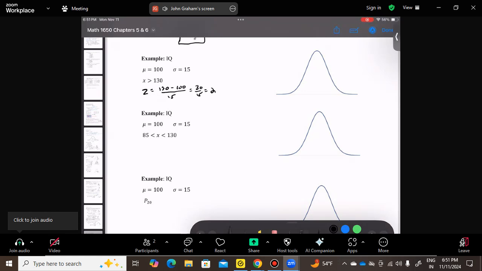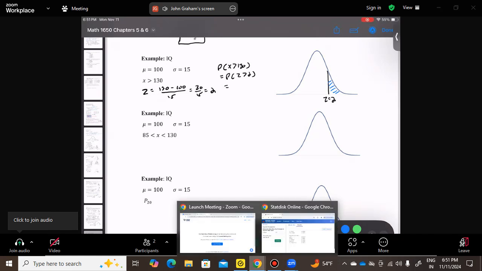So this is a z-score of 2, and we are looking to the right. We want to find the probability of x greater than 130, which is the same thing as the probability of z greater than 2, which is going to be equal to, and we have to do this on StatDisk.